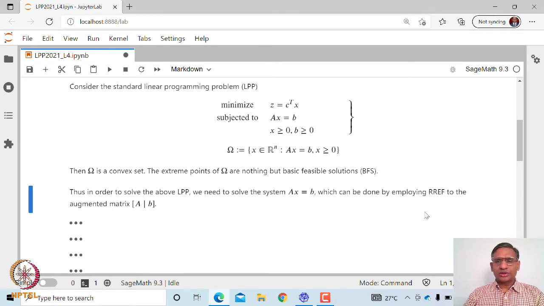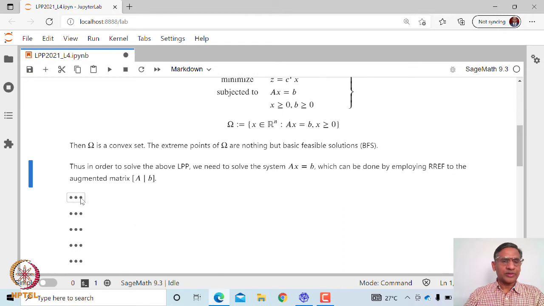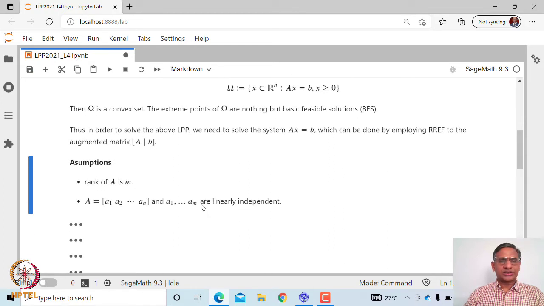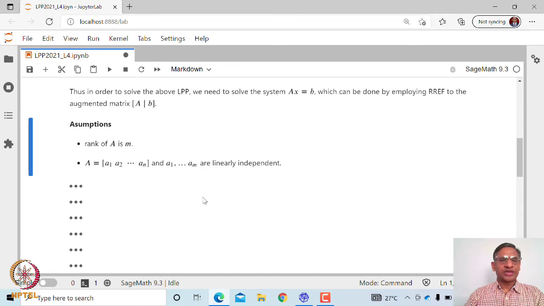One way to do this is to employ RREF, row reduced echelon form, on the augmented matrix AB, and the last column will give you the solution of Ax equal to b. In this case we are going to choose solutions only when the right hand side, that is the last column, becomes non-negative.